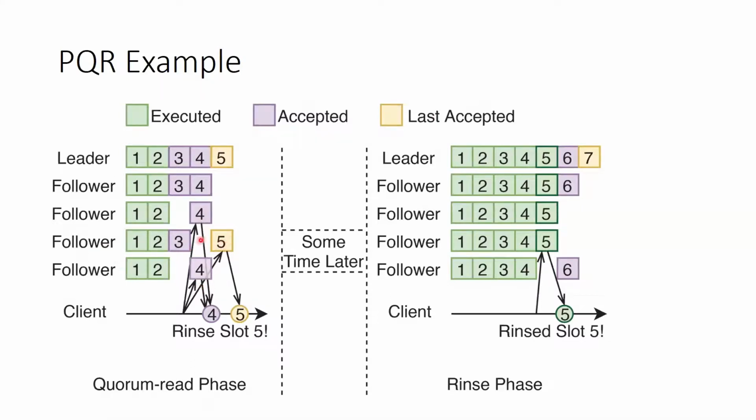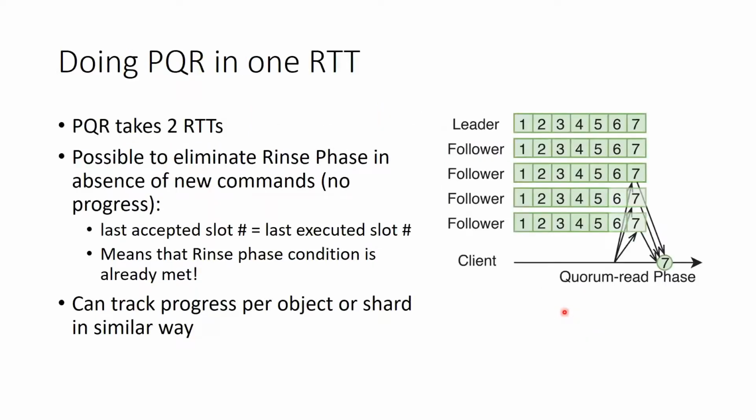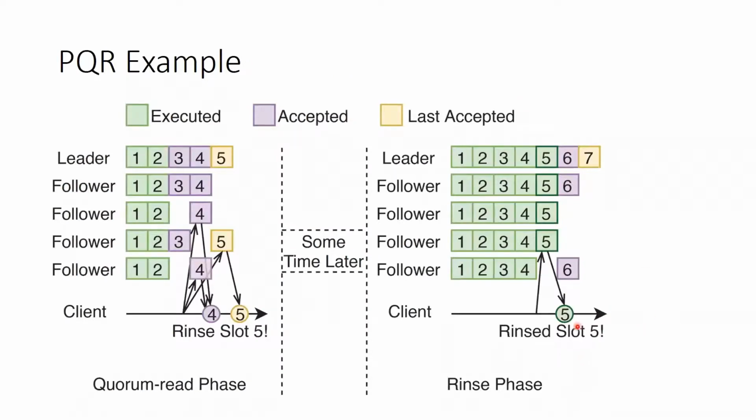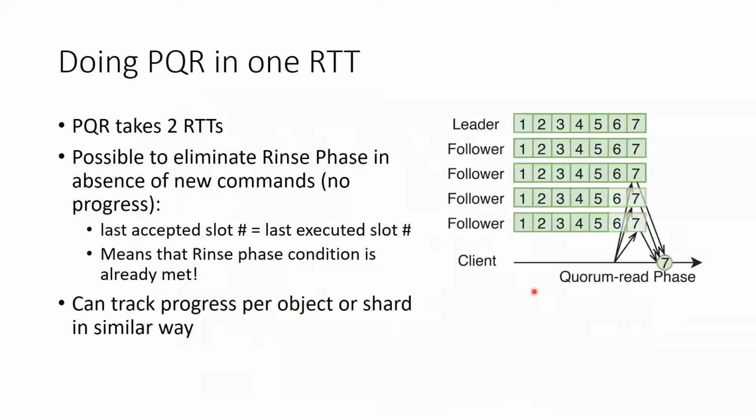If it reached this node, then the maximum accepted slot is 5. It hasn't been applied to the state machine yet, so obviously it cannot be returned yet. But we can wait, and sometime later, all we need to do is reach out to any node, see if it has executed the slot 5, and then we can return the slot 5. But as I mentioned, this is 2 RTTs in a best case scenario.